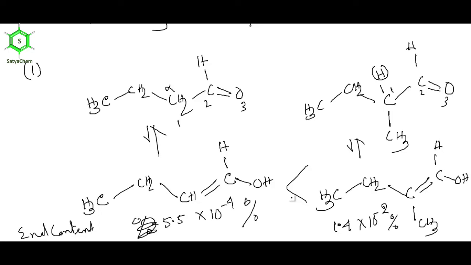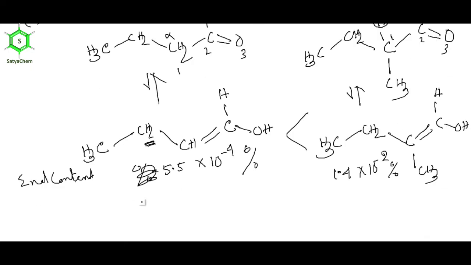Because in this enol there are only 2 hyperconjugative hydrogens, but here there are 5 hyperconjugative hydrogens. I have already discussed in my previous videos that the higher the number of hyperconjugative hydrogens, the higher the stability. So that is why, due to hyperconjugation, the percentage of enol content increases here.